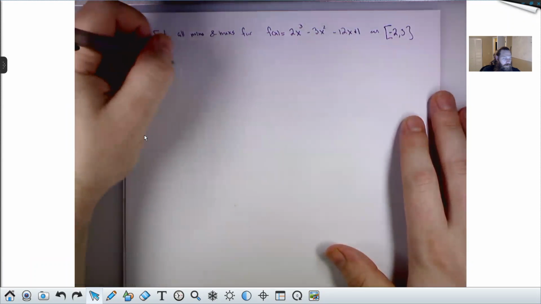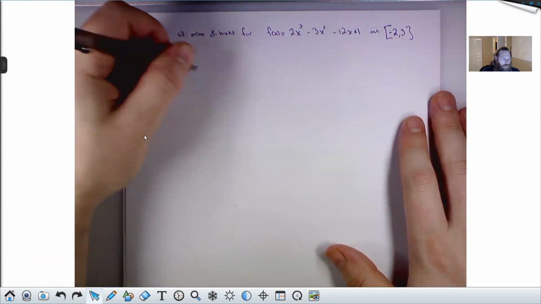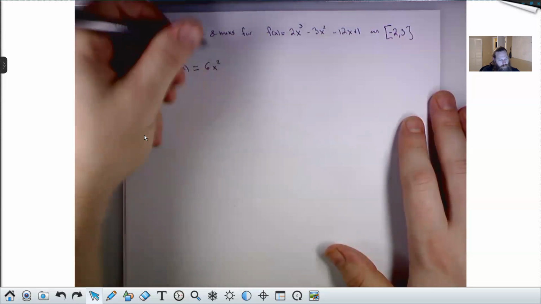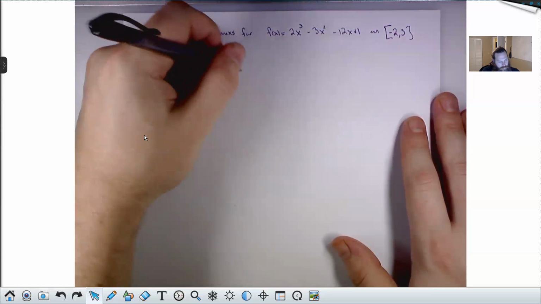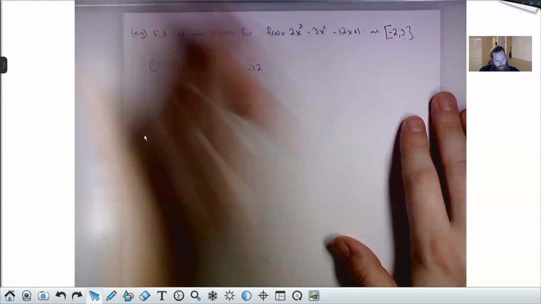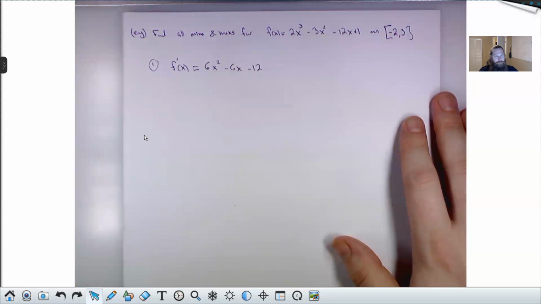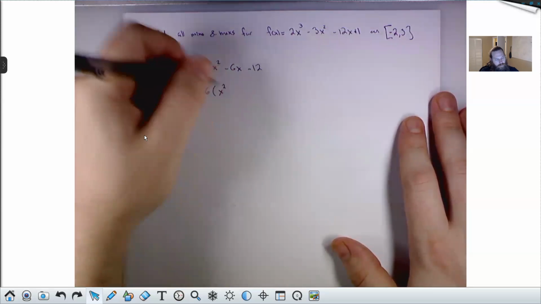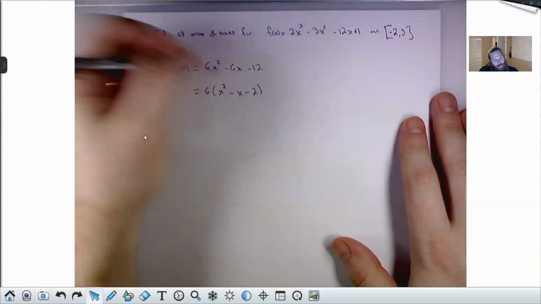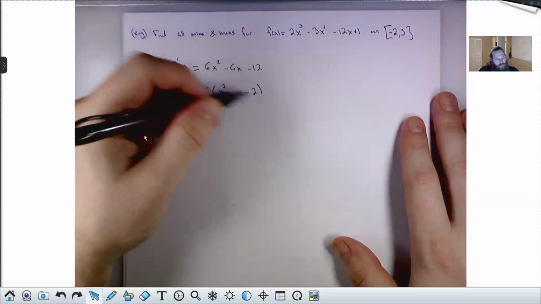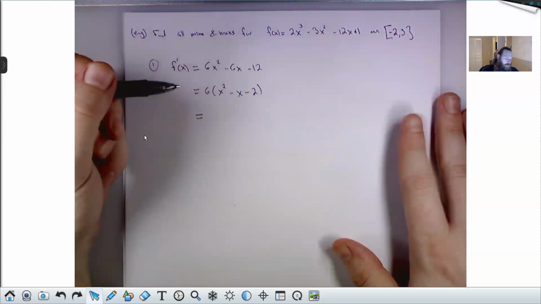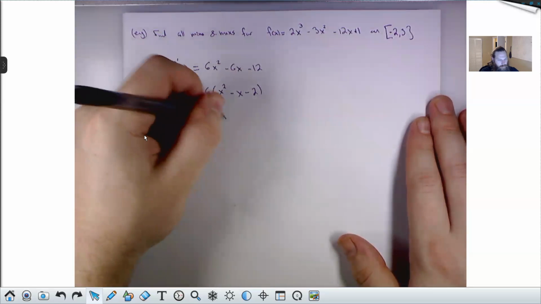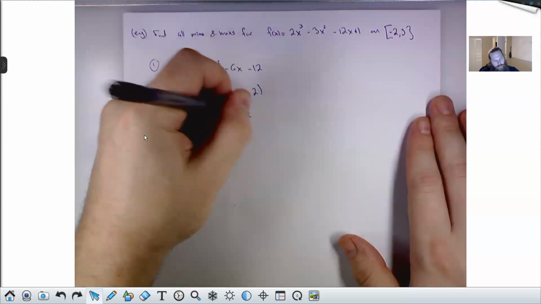First, I need to find the critical numbers. So I calculate f prime. That's going to be 6x squared minus 6x minus 12. The 1 differentiates to 0. I can factor a 6. I get x squared minus x minus 2. And then I want to try and factor this so I can figure out where it's equal to 0. That's 6 times x minus 2 times x plus 1.